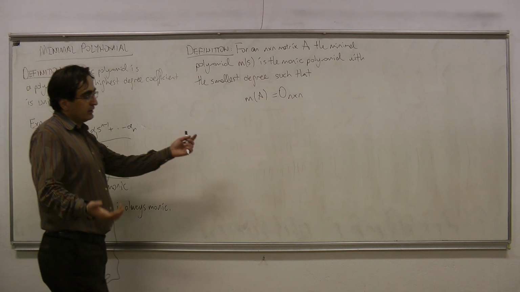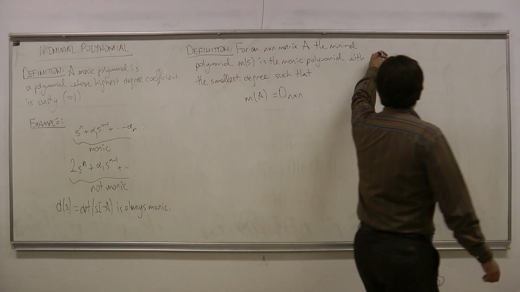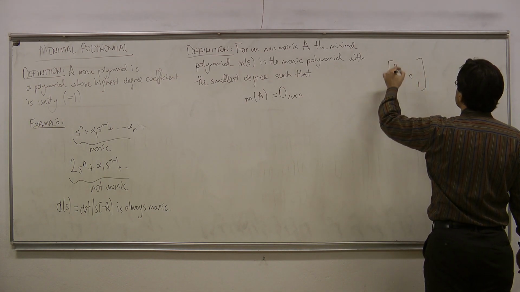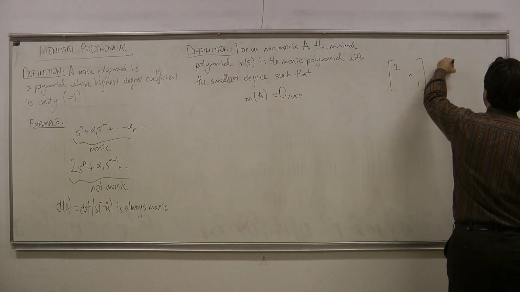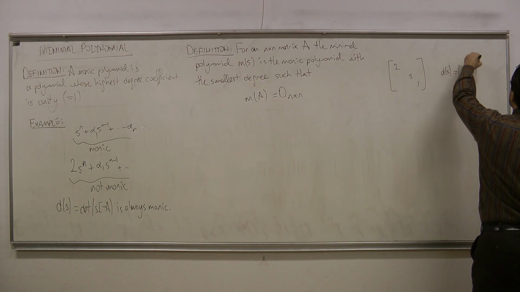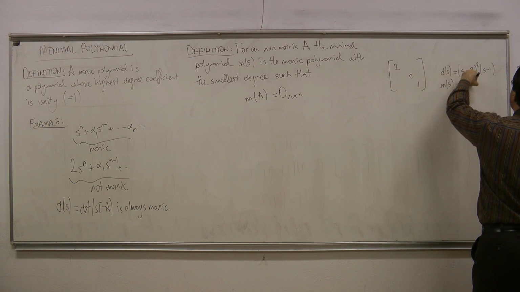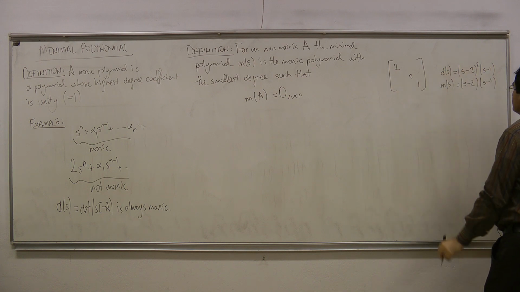In the earlier case, when I look at this matrix 2, 2, 2, 2, 1, the characteristic polynomial d of s was (s minus 2) squared times (s minus 1), and the minimal polynomial was (s minus 2) times (s minus 1). Okay?